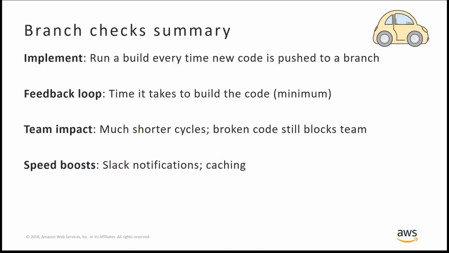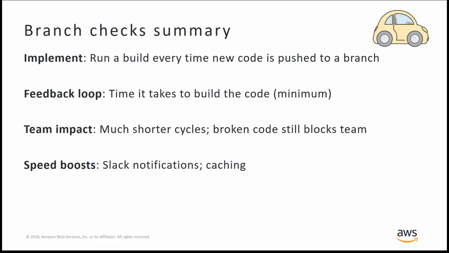The feedback loop shortens from that 16 to 24-hour cycle down to simply the time that it takes to build the code. Now this is, of course, at a minimum, because you have to pay attention to the fact that the branch check actually failed. But in terms of the team impact, it is a much shorter cycle.